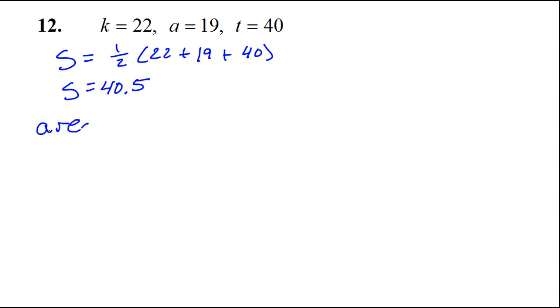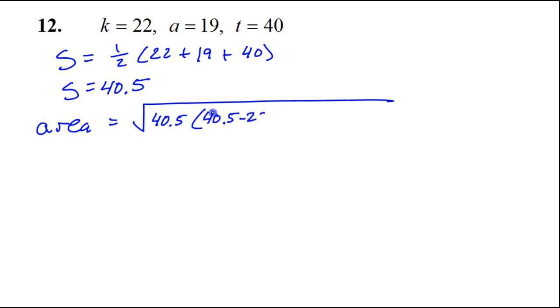So now the area should be the square root of S, which is 40.5, times 40.5 minus 22, that's the first side, times 40.5 minus 19, that's the next side, times 40.5 minus 40, which is the third side.